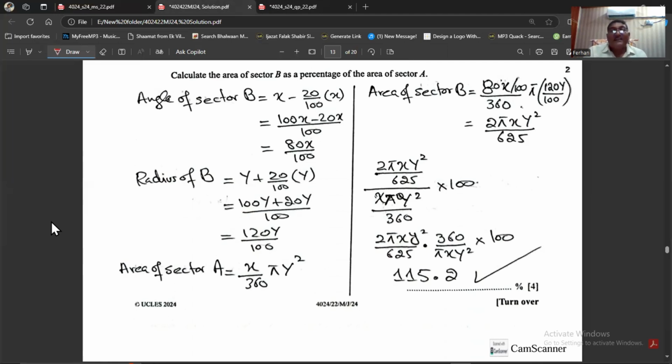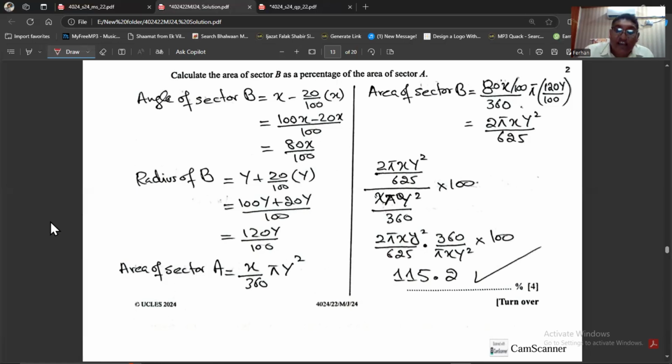Now the area of the sector A will be theta divided by 360 multiply pi r square. So it will be X divided by 360 pi Y square. Area of the sector B will be theta divided by 360 multiply pi r square. So the angle is 80X by 100 divided by 360 multiply pi, and the radius is 120Y by 100, squared.